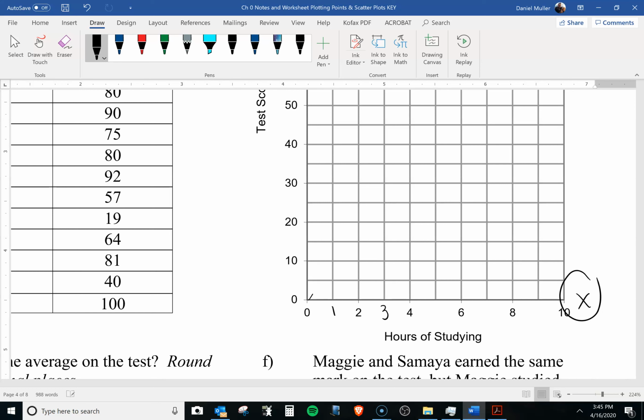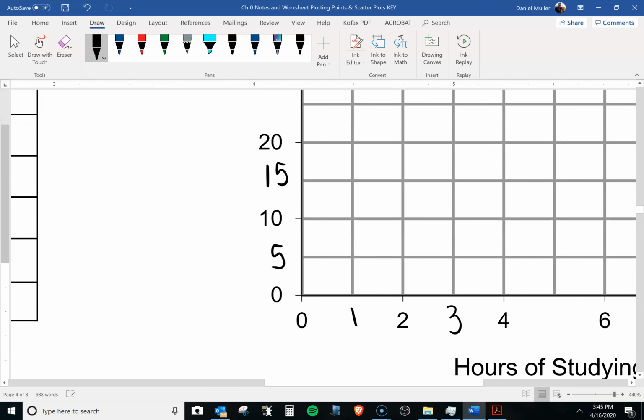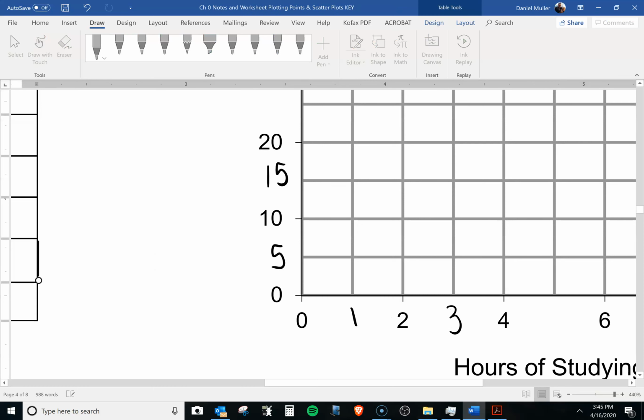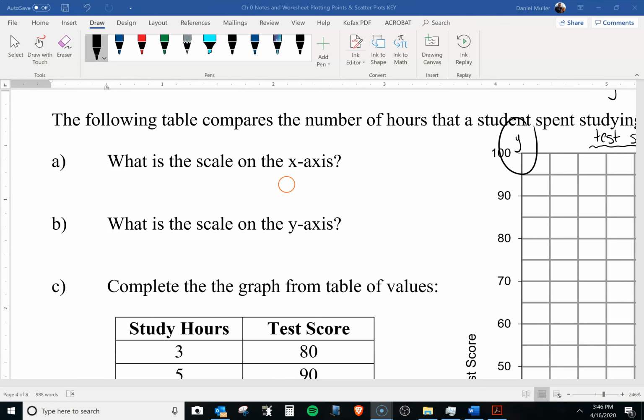But for the y-axis, every square looks like it's worth around 5. 5, 10, 15. So it's exactly 5. So the scale on the y-axis goes up by 5s, and the scale on the x-axis goes up by 1s.